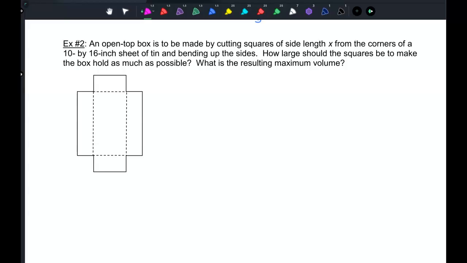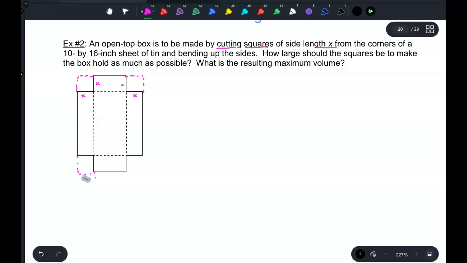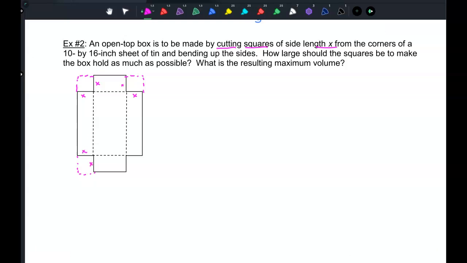Okay. All right. We have an open top box. So we're going to fold these edges up. It's going to be made by cutting squares of side length x. So imagine these squares are being cut out of each corner. Okay.